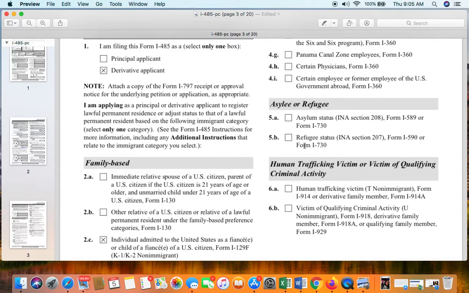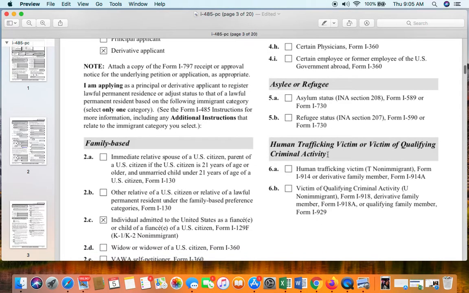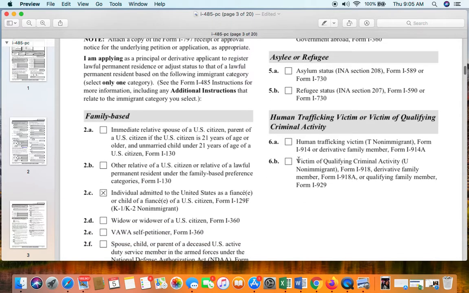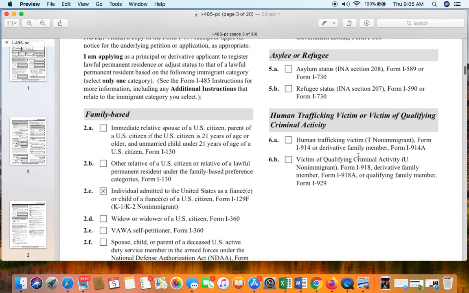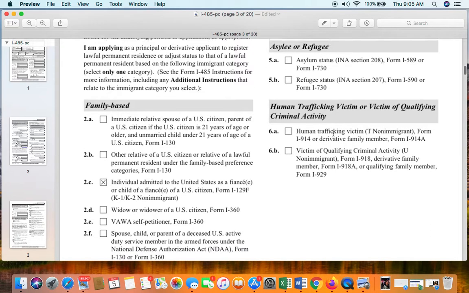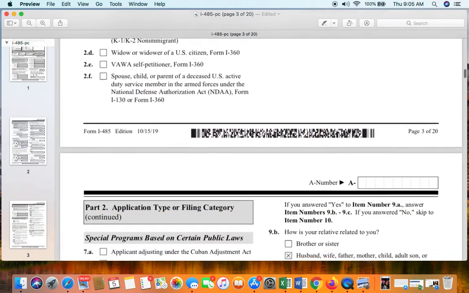So if you are a refugee or whatever, you can select anything right here. Human trafficking victim, qualifying criminal activity, human trafficking victim non-immigrant. I never. So if this is not applicable to you, you can just leave it blank, okay?